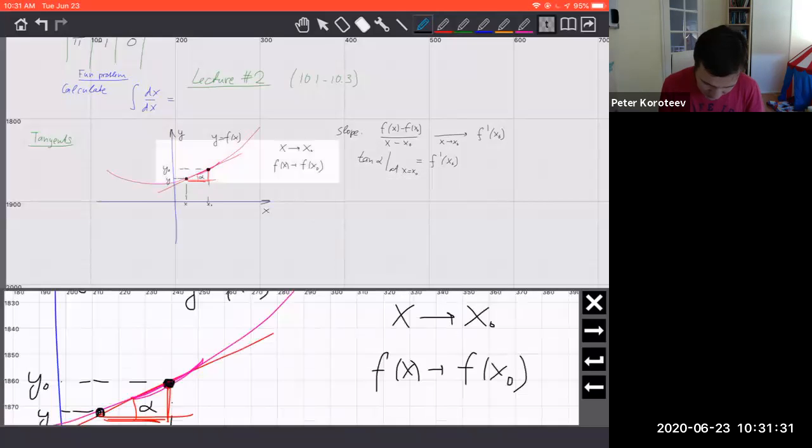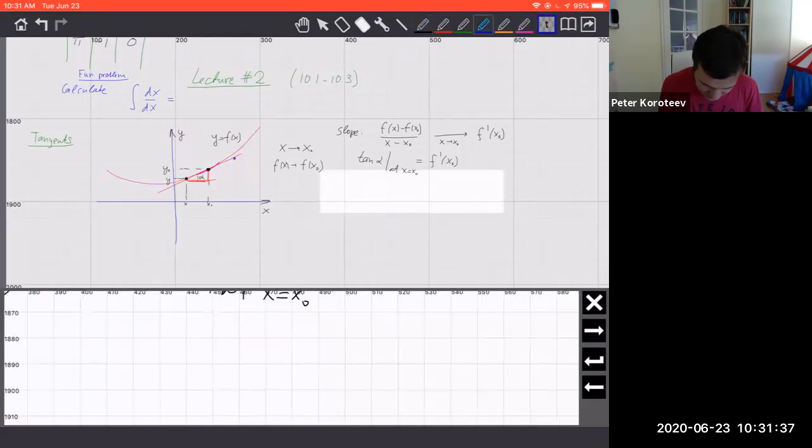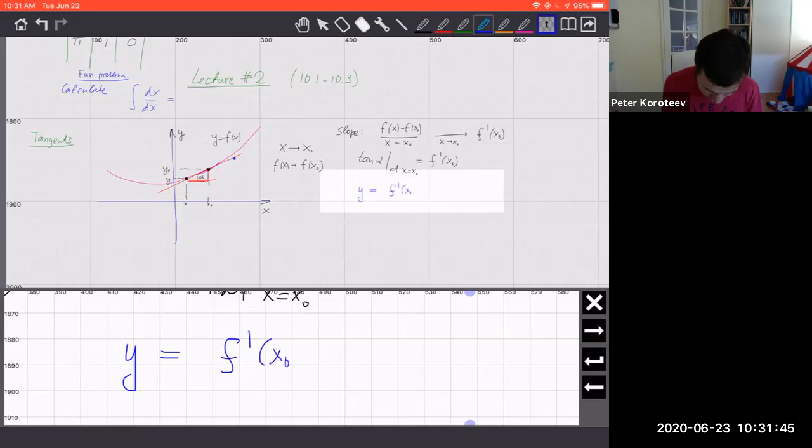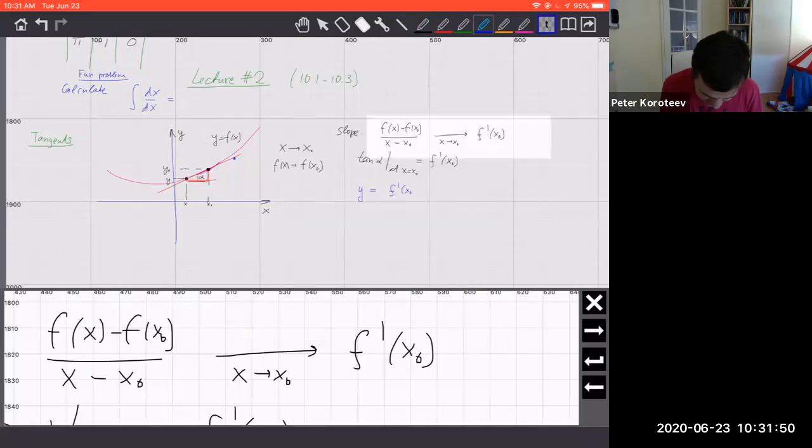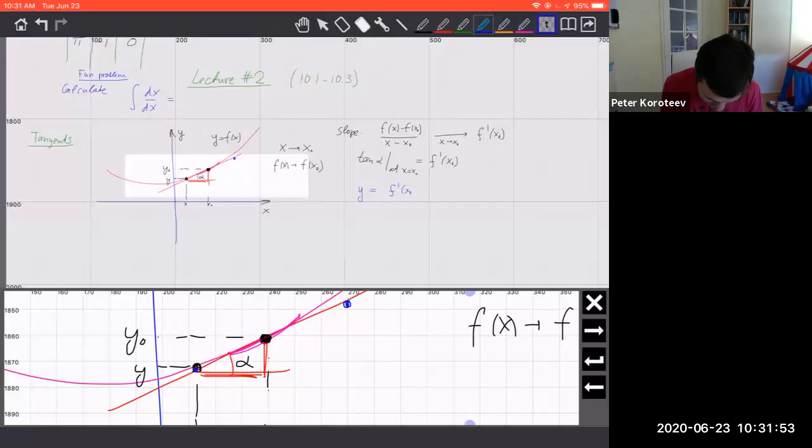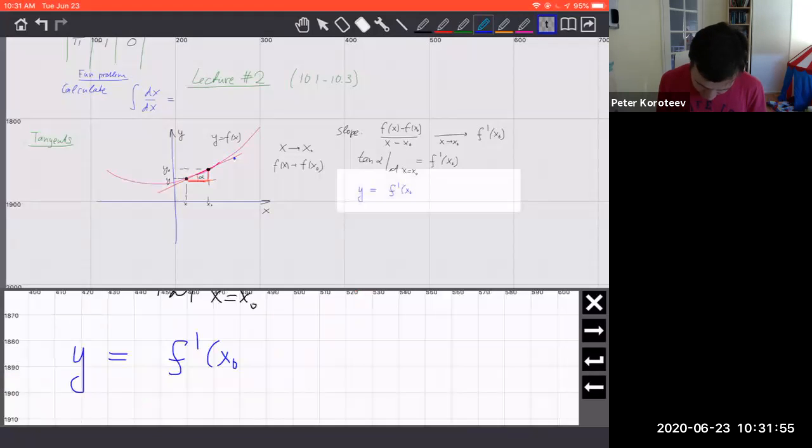So any point on this line, let's say this point here, satisfies the following equation: y is equal to f prime of x0 times x minus x0, plus f of x0, or y0.